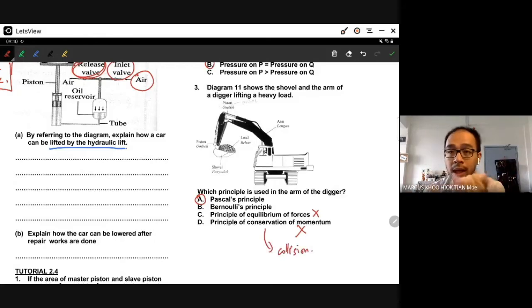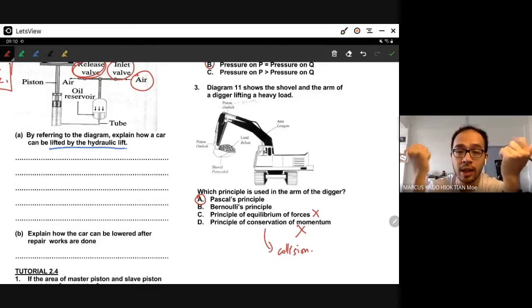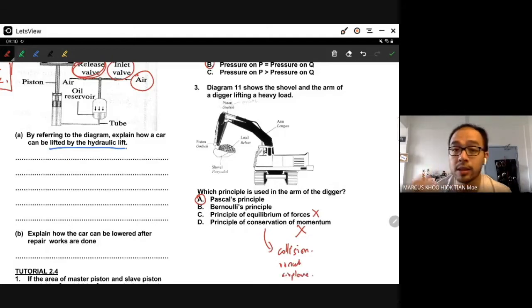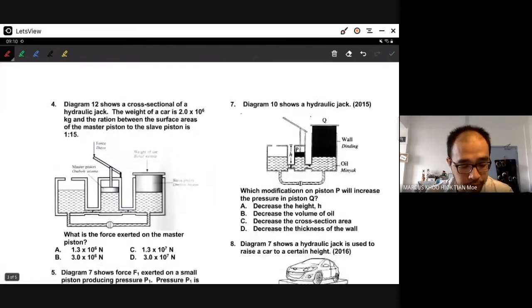When two things collide, then you are talking about conservation of momentum. Collision, rocket, airplane, all this is conservation of momentum. Bernoulli's principle, you haven't learned yet. It's the last subtopic in our chapter.